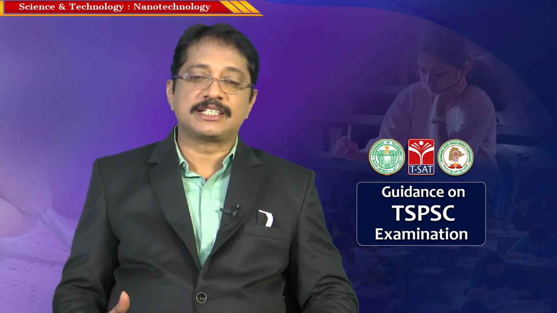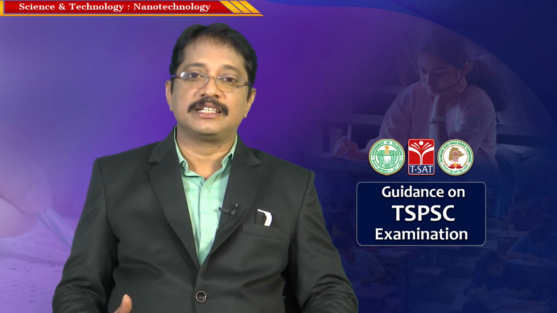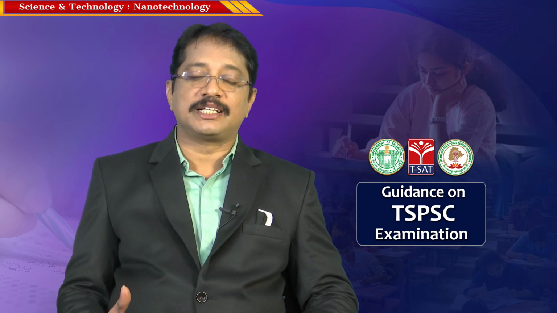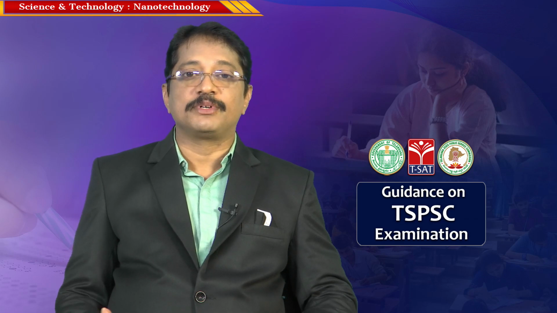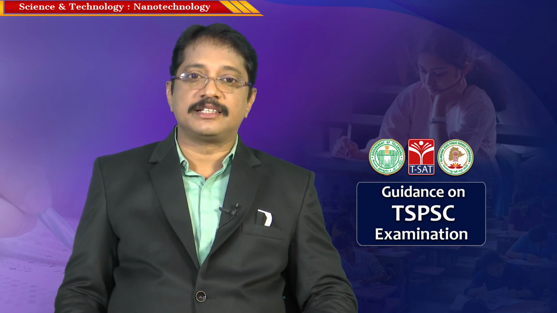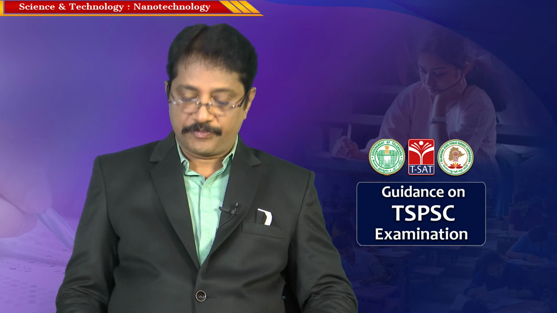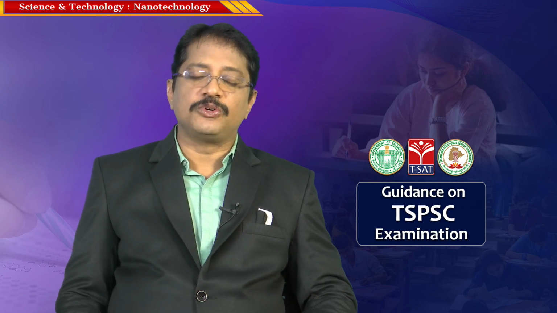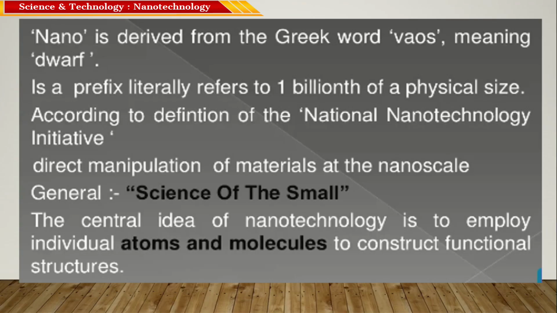Now we are going to discuss what nanotechnology is, what the history of nanotechnology is, how it developed, and what its applications are. All these things we are going to learn now. The word nano is derived from the Greek word for dwarf.